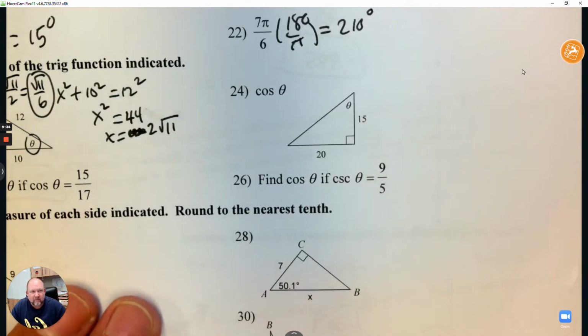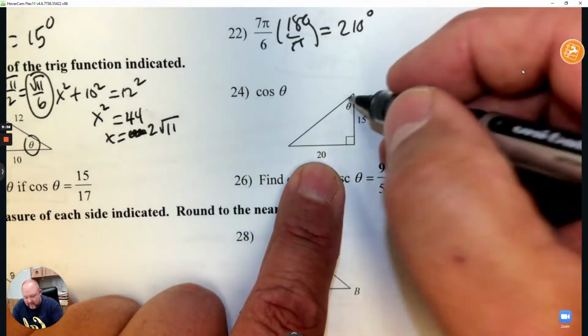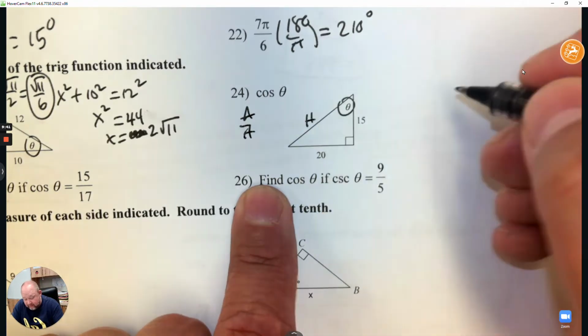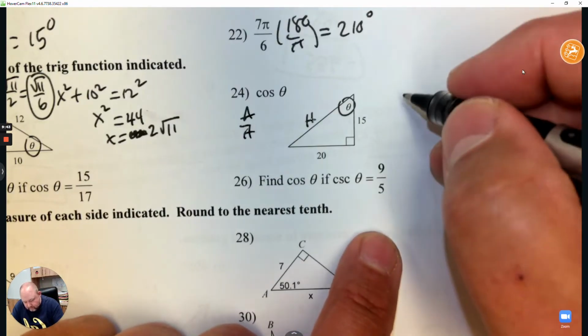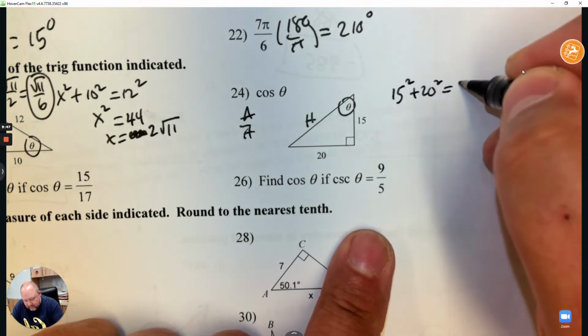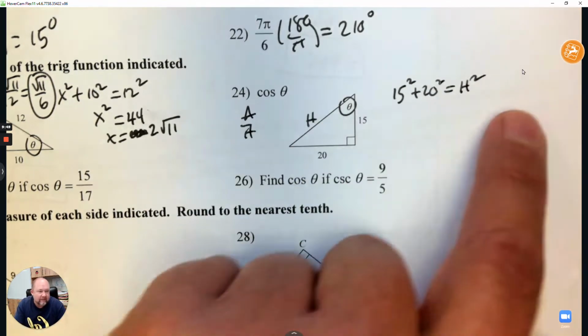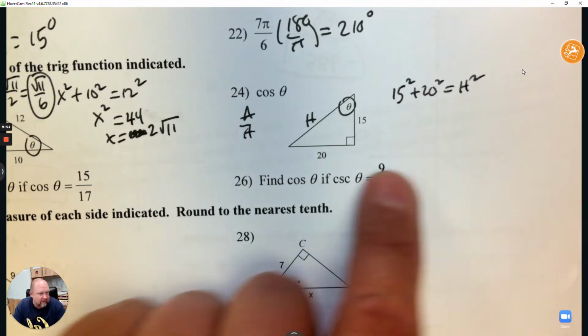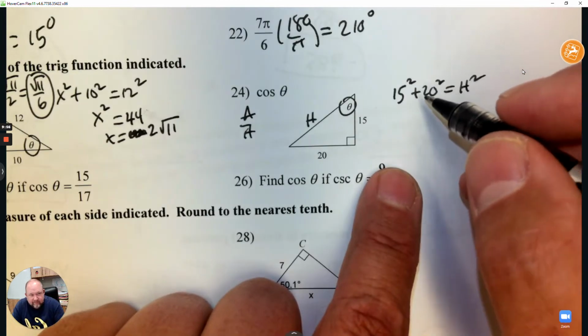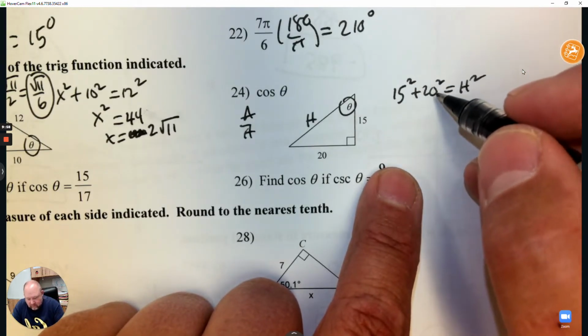All right, number 24. So I see where the angle is. This is adjacent over hypotenuse, so I need to know the hypotenuse. So that's going to be 15 squared plus 20 squared. And then you have to solve that. You can use your calculator if you want. I think it's a Pythagorean triplet. 225 and 400.